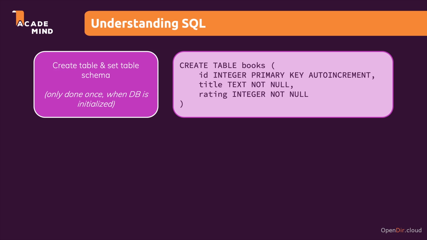Because that's important, when you're working with SQL, you don't just have rows and columns, but instead you also define which values should be stored in the different columns. So you really define a rich schema describing the kind of data that should be stored in a table. And you do this once when you initialize your database. So that's a command you could run to create a new table with those fields, with those values and settings.